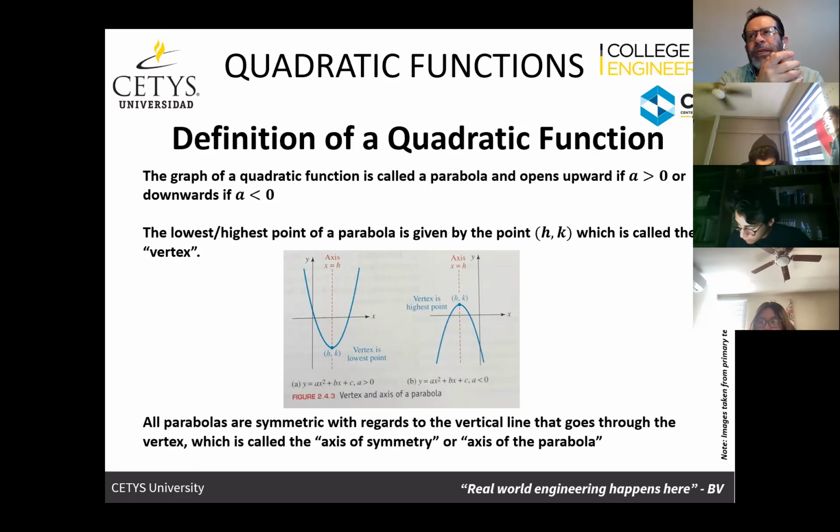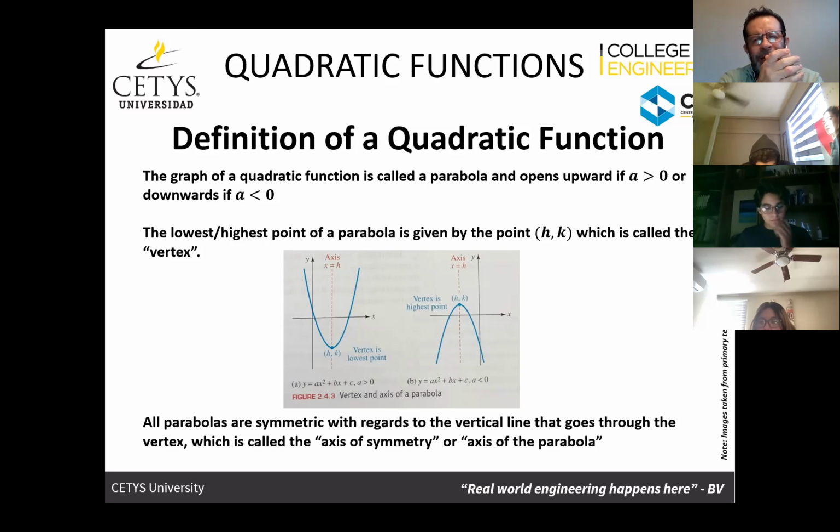So remember that one of the reasons that we need to understand math is because many phenomena that exist in real life can be represented or modeled using math.